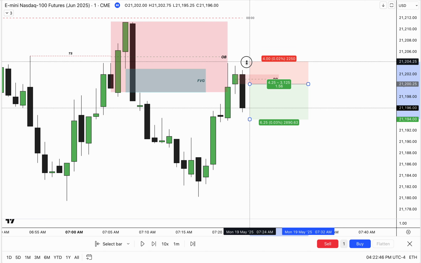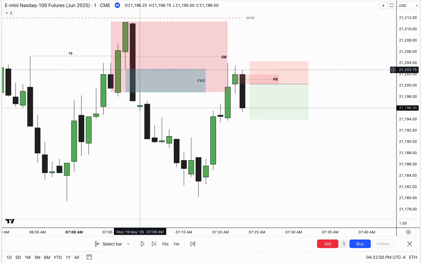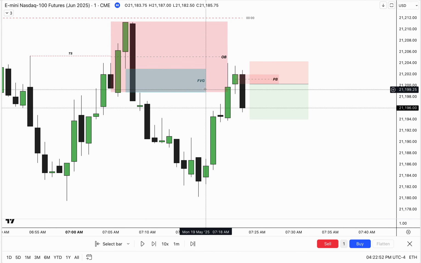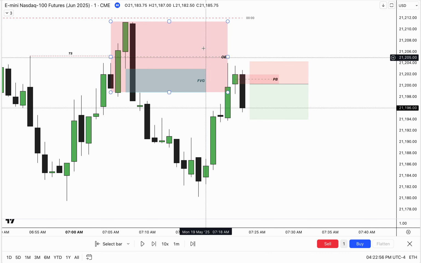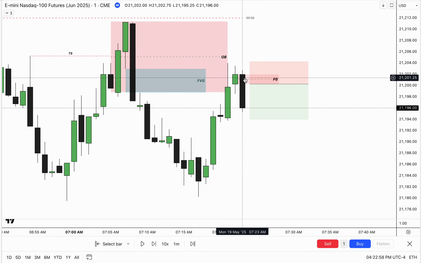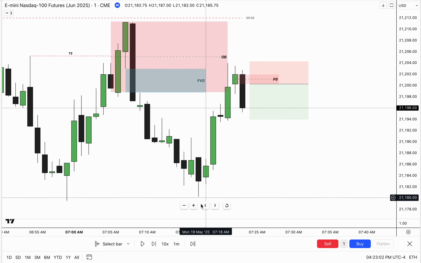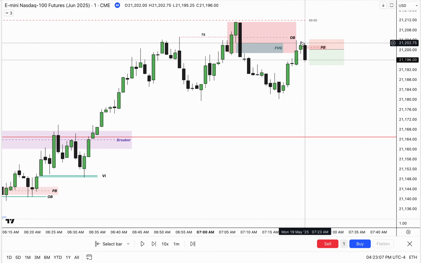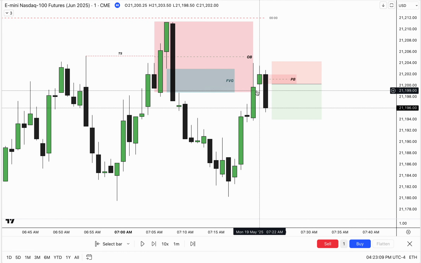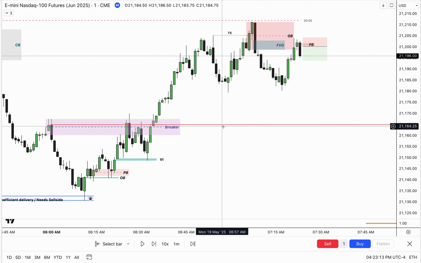Stop above here, something like that, because you've had the run higher, the turtle soup, displacement lower, hit the fair value gap, we've filled the inefficiencies here, we've ran lower, so I'm thinking let me get a tight stop. SMR, low risk sell, equal lows, 6 a.m. open.